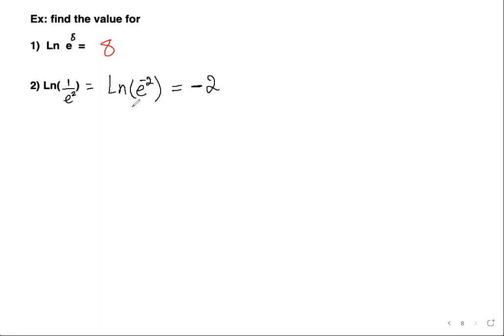So now let's go to a new chapter, 5.1. 5.1, angle measure. We're going over trigonometry now. So 5.1, angle measure.